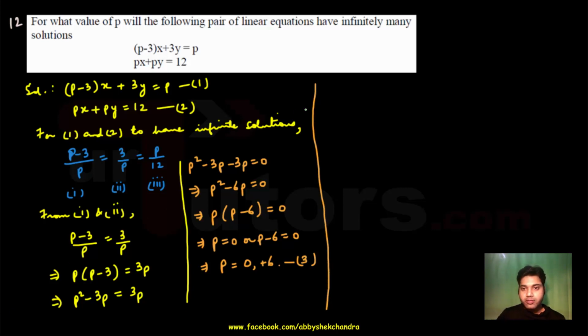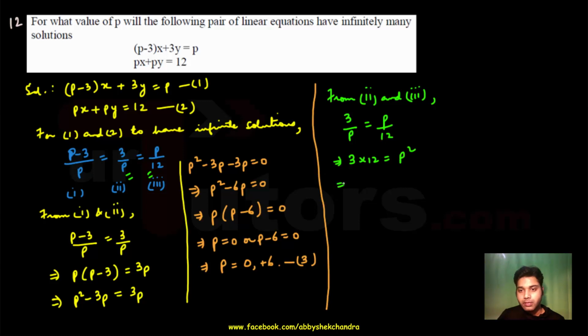Okay, now again from 2 and 3, here this is 2, this is 3. From 2 and 3, 3 by p should be equal to p by 12, or cross multiply, so 3 into 12 should be equal to p square, or p square equal to 36, which means p equal to plus minus 6.